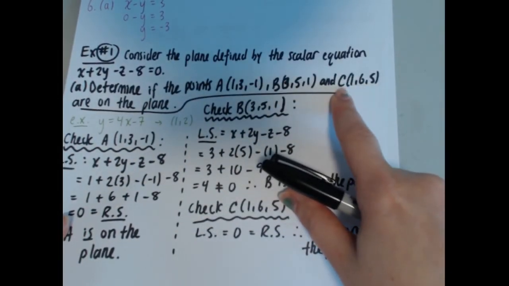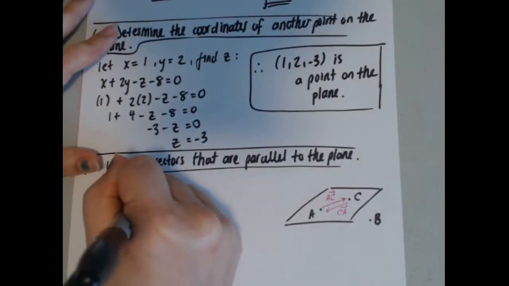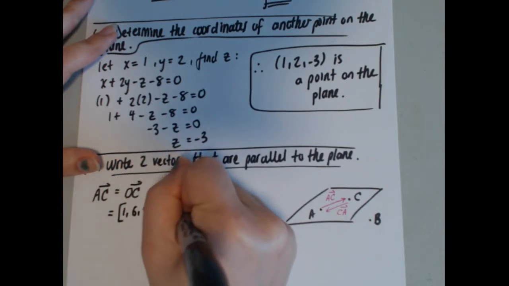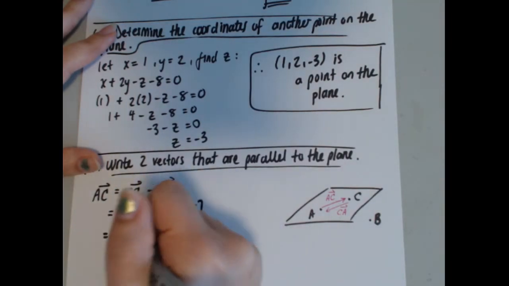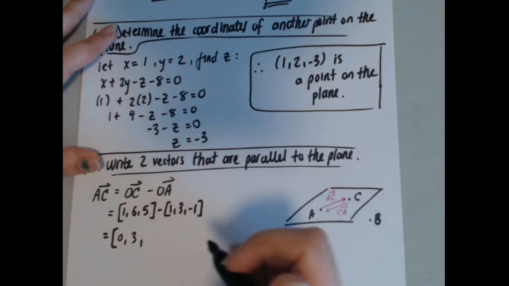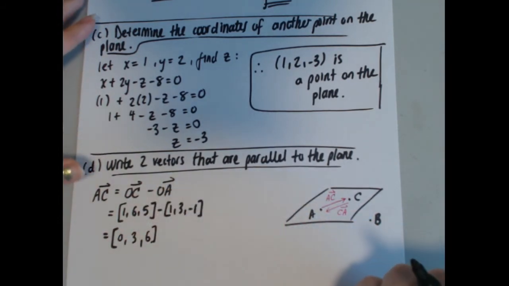So OC is [1, 6, 5], but with square brackets. Minus OA, which is [1, 3, -1]. Okay, so 1 minus 1 is 0, 6 minus 3 is 3, 5 minus negative 1 is 5 plus 1, which is 6. So [0, 3, 6].